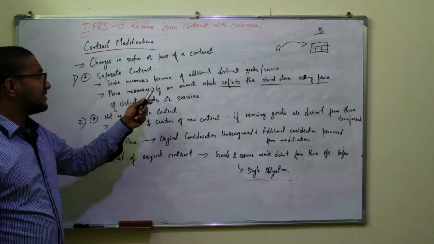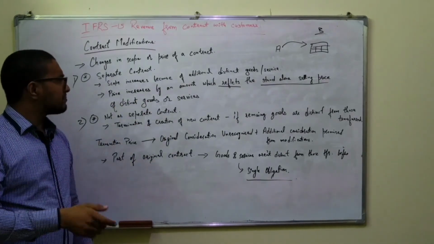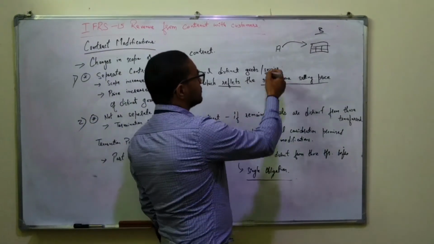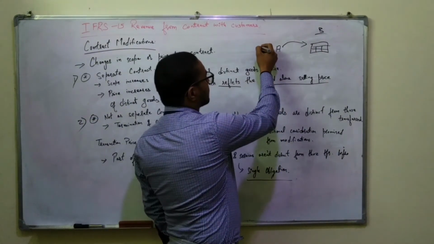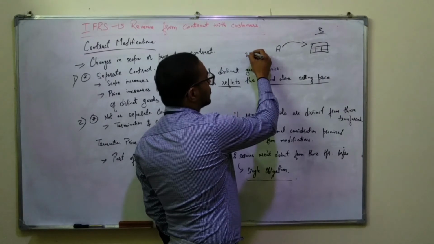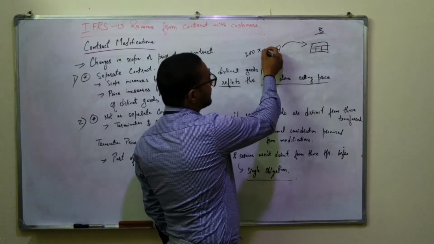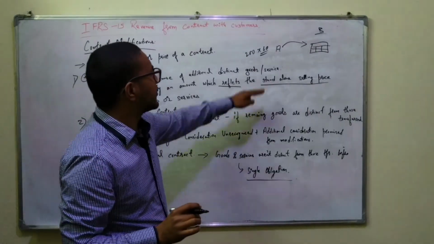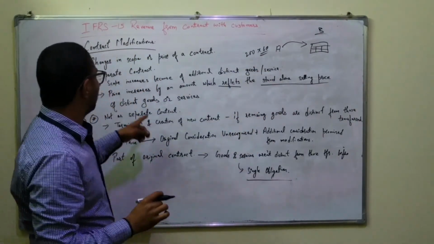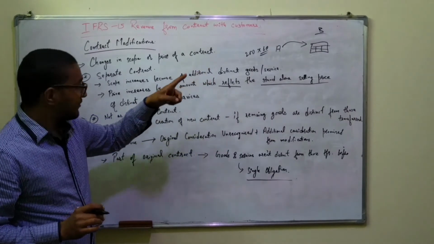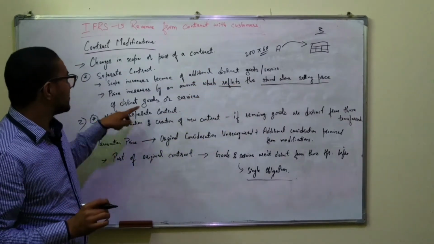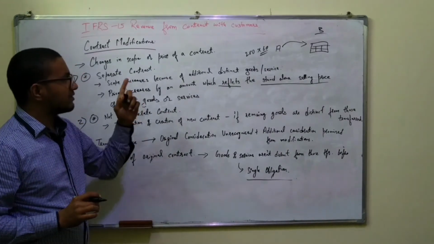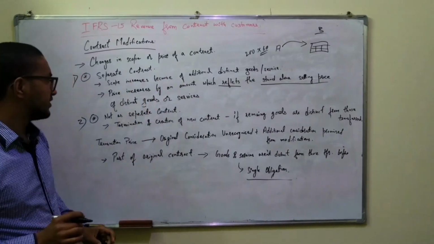Again, the price increases. Suppose the price increase was, let's say, 200 additional sweets at the rate of 60. If the standalone selling price of the sweets was 60 itself, then that price has reflected the standalone selling price of additional goods and services. Okay, it represents the price of goods and services.